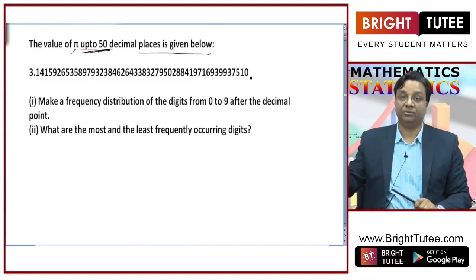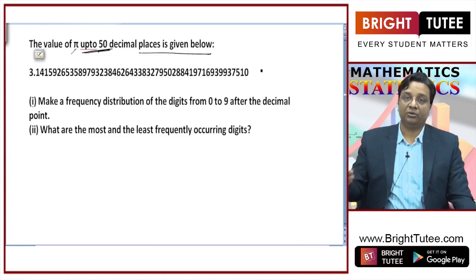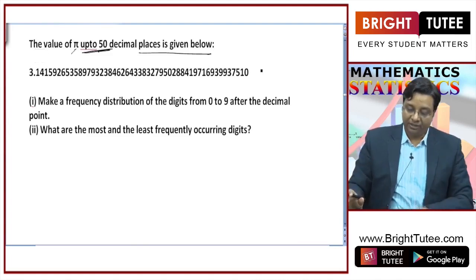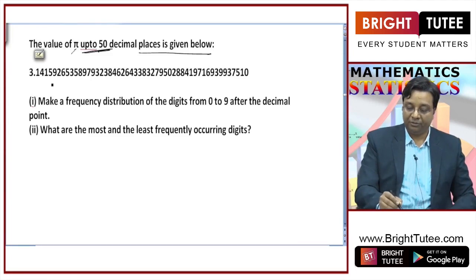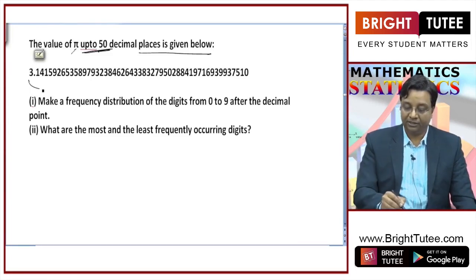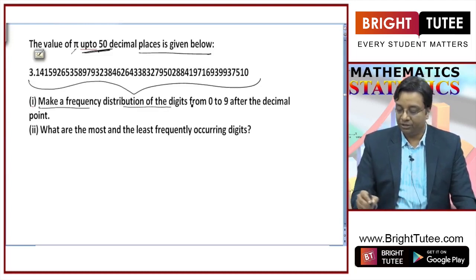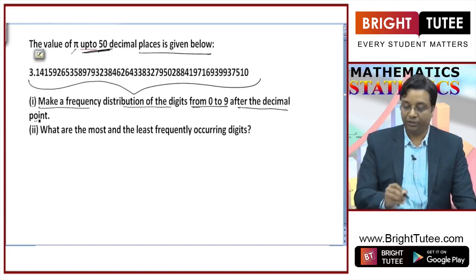It will continue and not in a particular pattern. There you will have more and more digits after this also, but we are given only up to 50 decimal places and we need to make our observations on this given number, right? Make a frequency distribution of the digits from 0 to 9 after the decimal point.